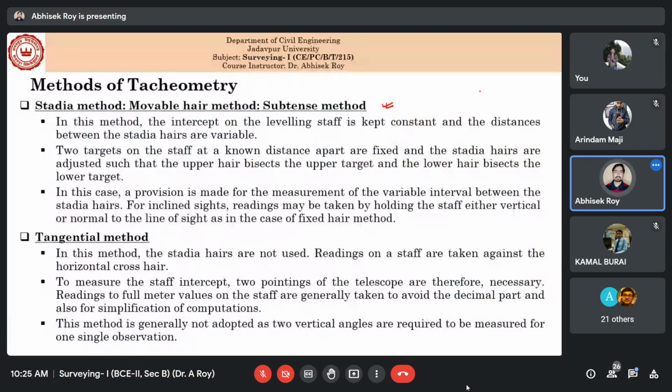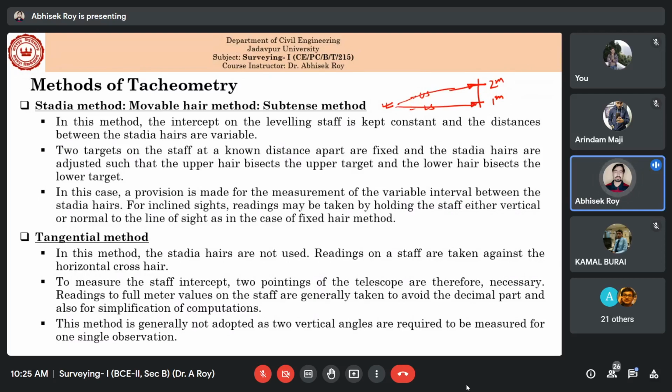Here, the target is fixed. Suppose in the staff you want to bisect the height where the 2 meter reading is, and where the 1 meter reading is. But your upper stadia and lower stadia are movable, so that is changeable, and we will make the arrangement in such a way that the upper stadia will cut one reading and the lower stadia will cut the other.